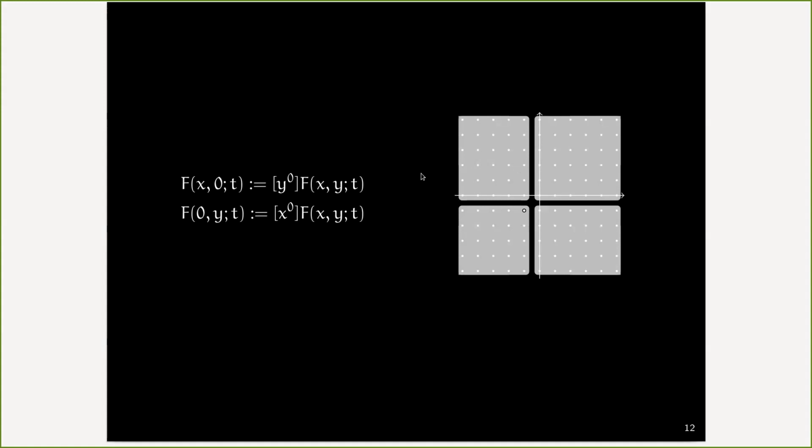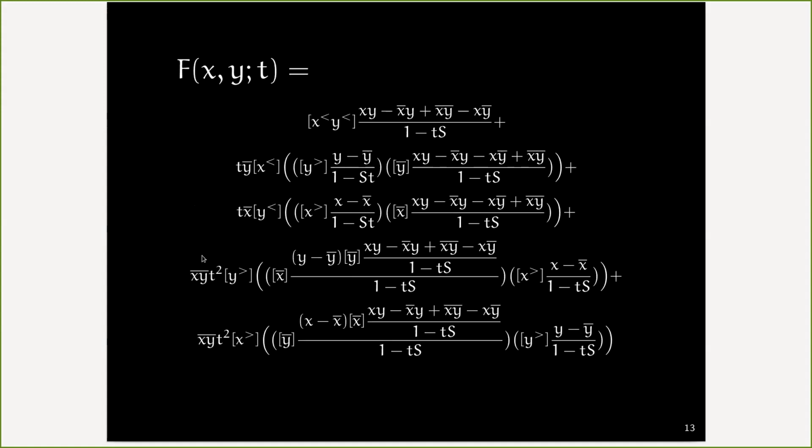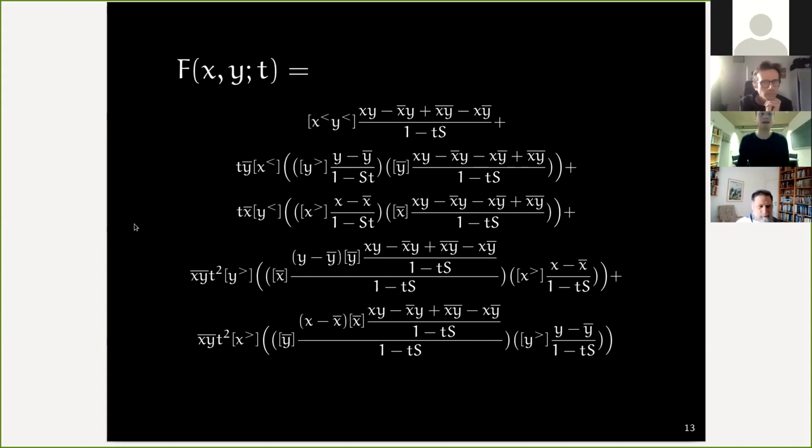For this interpretation, we could solve the functional equation using elementary power series algebra. And this is the expression we found. It looks rather complicated and big, but it's neither big nor complicated. It's not complicated because it just involves rational functions and positive part extractions, negative part extractions, and coefficient extractions.